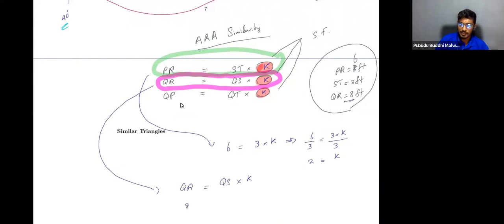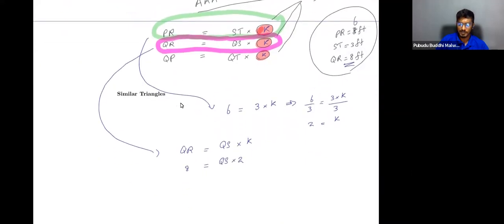Yeah, that's a given length. Hence, we can compute QS. Divide both sides by 2. And also that's very obvious because to get 8, you have to multiply 4 by 2, because we found the scale factor. So QS equals 4.